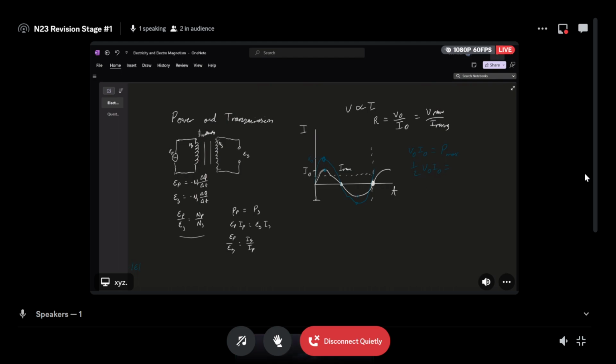Okay? I hope that makes more sense. So the root mean squared of the sine squared has a factor of a half instead of a factor of 1 over square root 2.